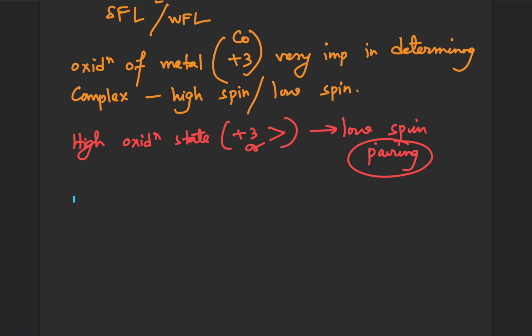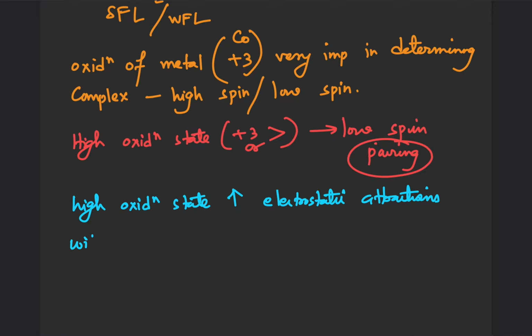So high oxidation state increases electrostatic attractions with ligands. So therefore there will be more repulsions between ligands and d orbitals.